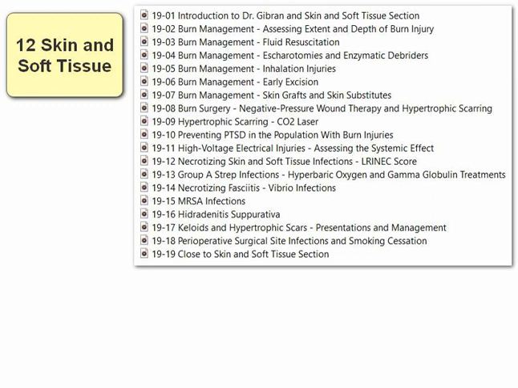What I would say is that if you look at any review of the pathophysiology of necrotizing fasciitis or necrotizing soft tissue infections, Group A strep is one of the most common etiologies of both multibacterial and also single bacterial causes of necrotizing infections.